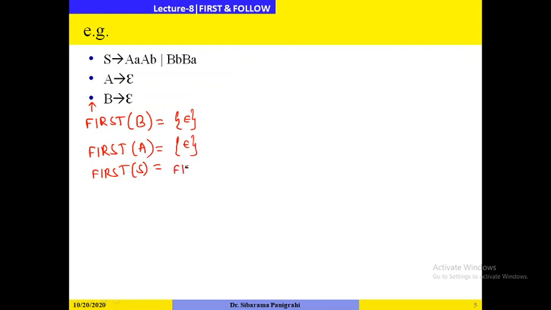It's nothing but first of A B union first of B A, right? So first of A B means what will you do? First you will compute first of A. Next, if first of A contains epsilon, then what will you do? First of A minus epsilon union first of rest. You see first of A contains epsilon.